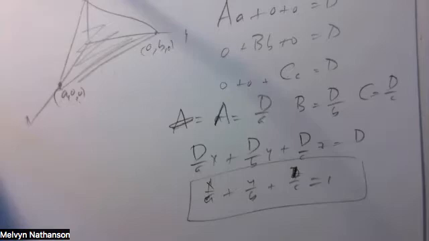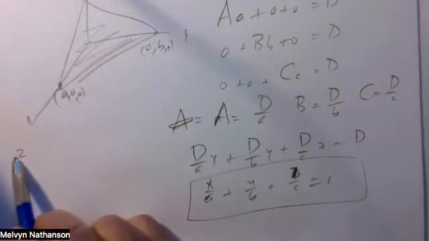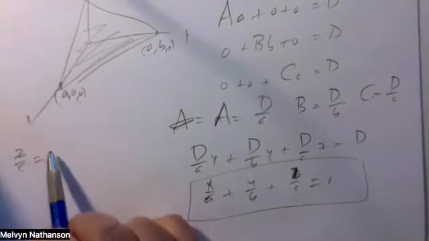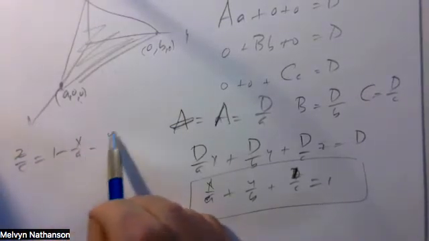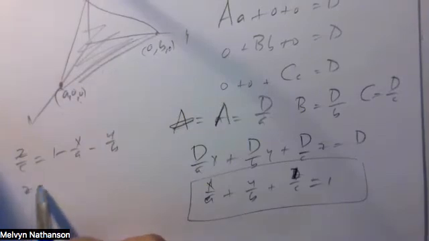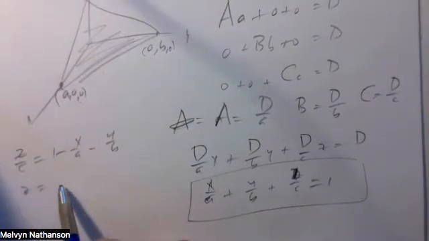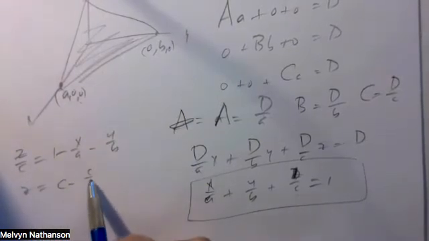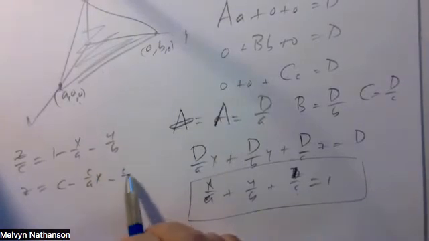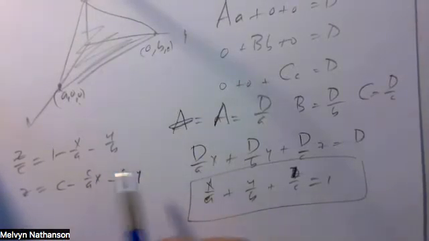And if we were to solve this equation for z, we would have z over c is 1 minus x over a minus y over b, so z is given by c minus (c over a) x minus (c over b) y.